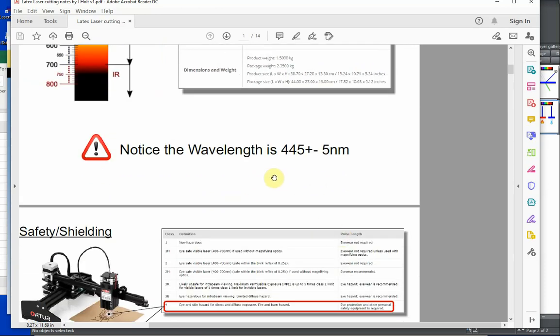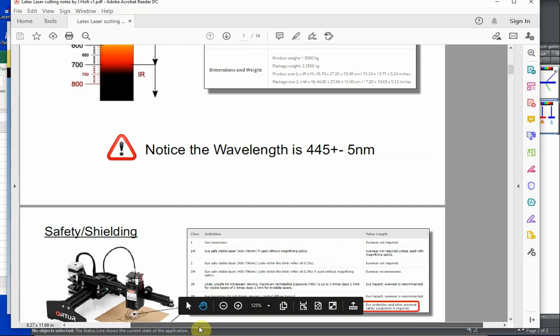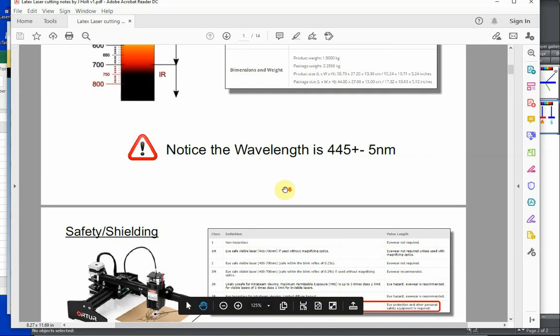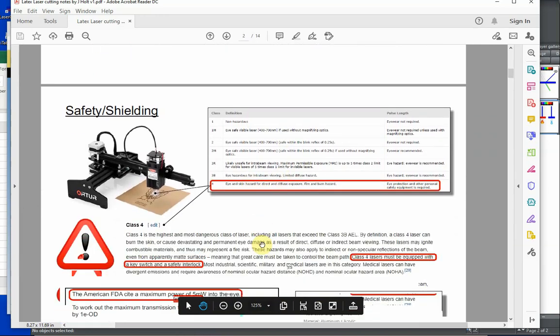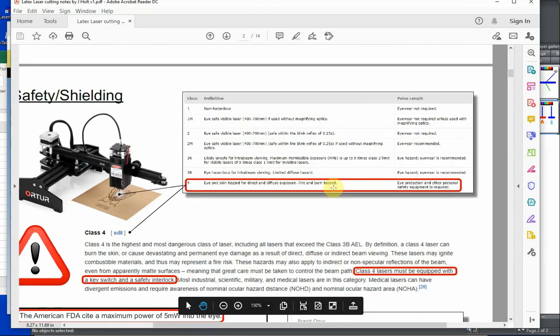So if we come on to now, let's look at safety, which is the whole point of this, and shielding and things like that. How does all that stuff work? Right. Well, first of all, this chart here, these lasers are potentially dangerous. All this information I've got from various sources. Okay, some of it relates to Europe, some of it relates to the States, but I figure it's all good stuff.